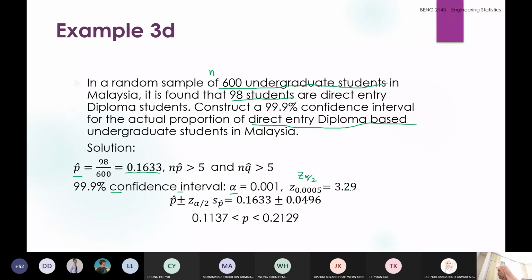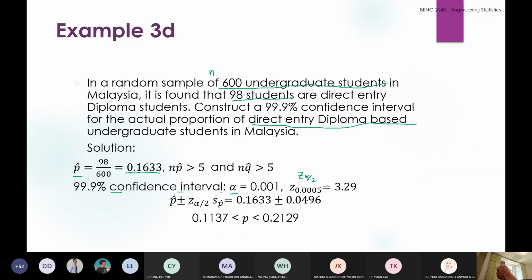If you use Excel, you get a more precise answer. But for the purpose of understanding where this 3.29 comes from, they choose a value in the Z table which is far to the left, because they want far to the left and far to the right. So the critical value is the highest one, which is 3.29.